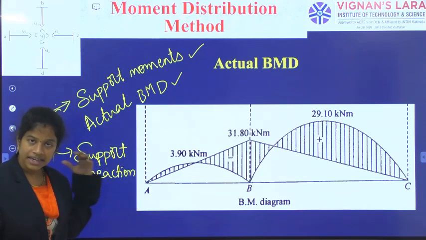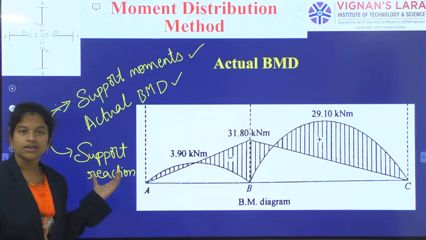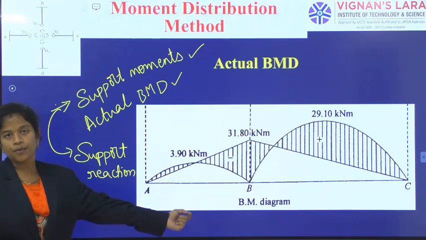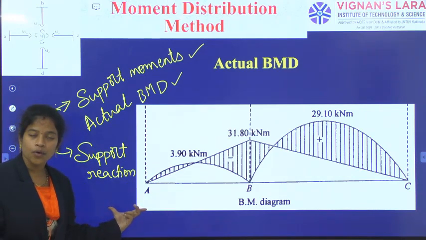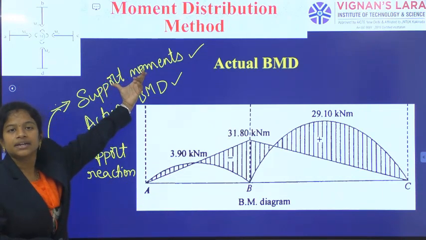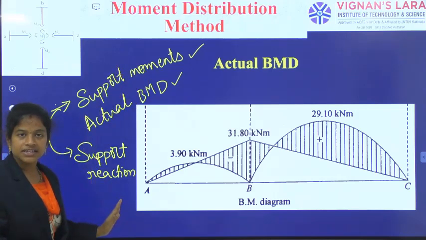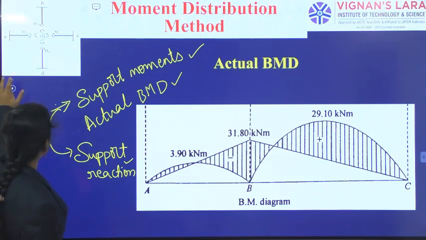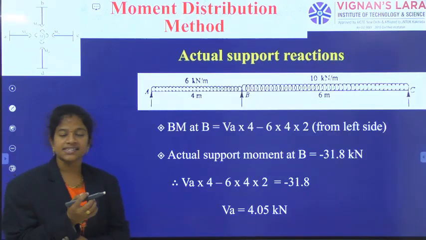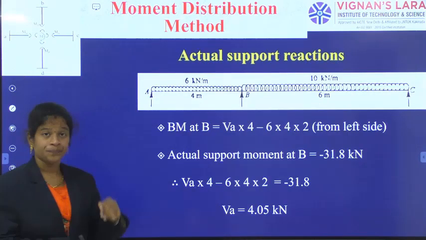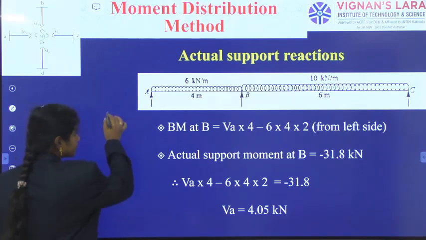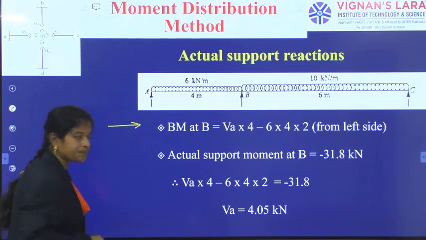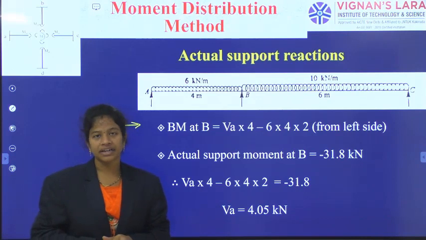How will they help us? For the span, I can write the bending moment at the point, and that bending moment at the point is equal to the support moment at the corresponding point. So making these two things equal, I can evaluate support reactions. So the next step is calculation of the actual support reactions. For this, I will use the bending moment answer.